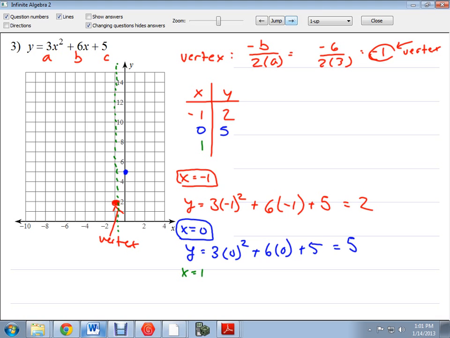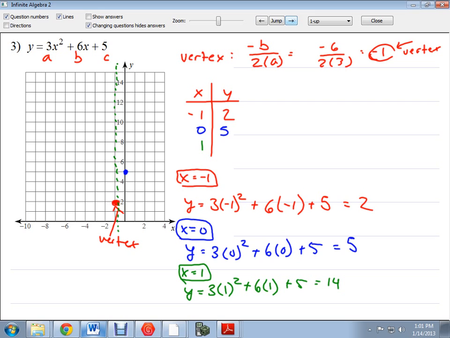Now we're going to plug in the next point. X is equal to 1 comes next. This is the last point that I'll need to plug in. From here I'll be able to reflect. Y is equal to 3 times 1 squared plus 6 times 1 plus 5. I'm going to guess this is your 14 that you got earlier. 3 times 1 is 3, plus 6 is 9, plus 5 is 14.